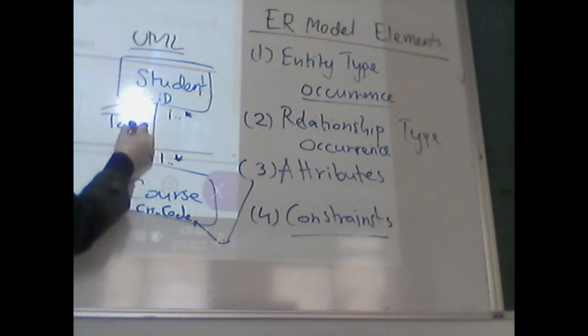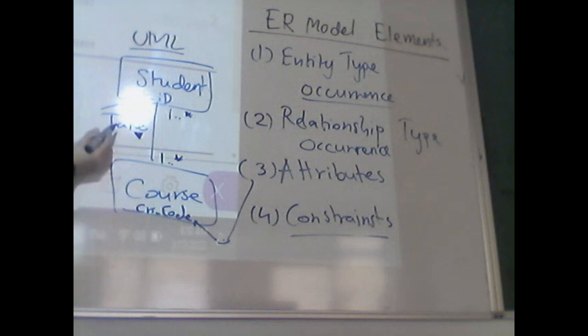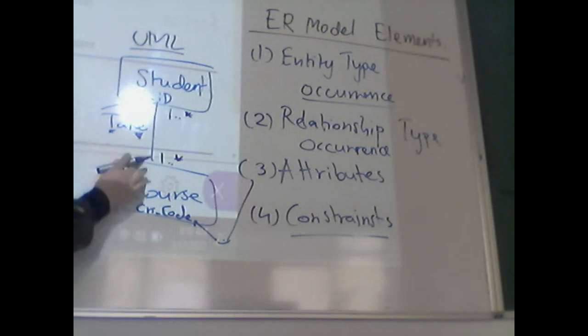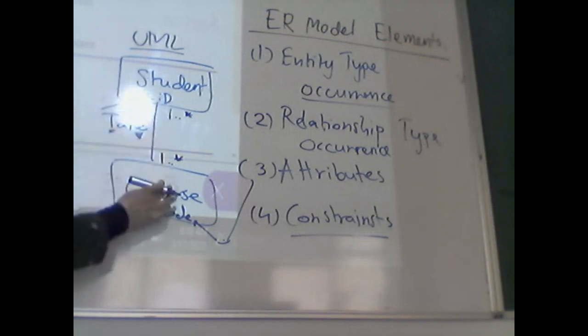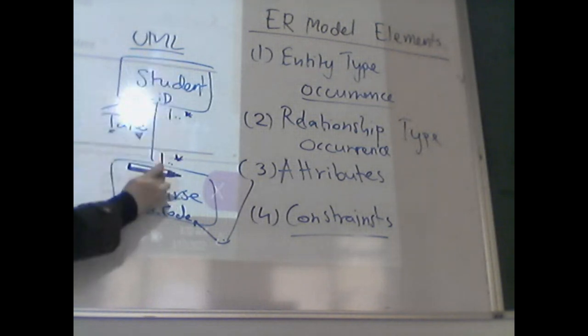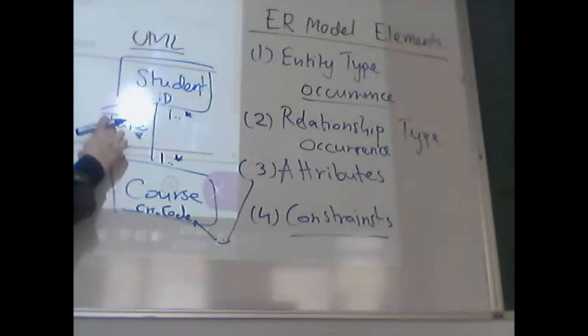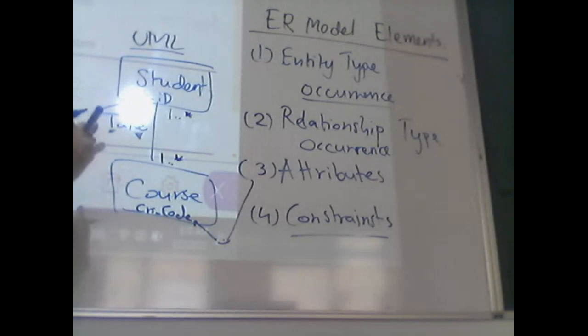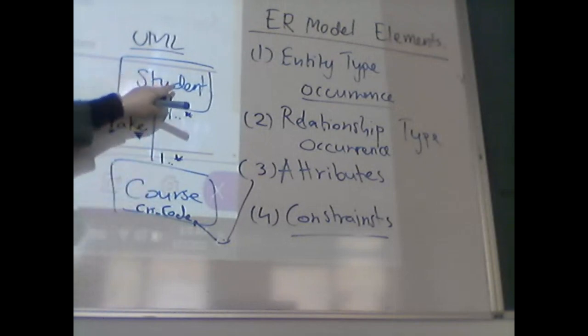Student takes, or students take. If we assume that there are many students, it must be a verb or a phrase. A phrase. If the direction of the relationship is from the courses to students, what is the phrase? Course?